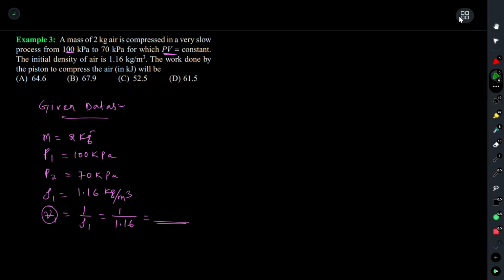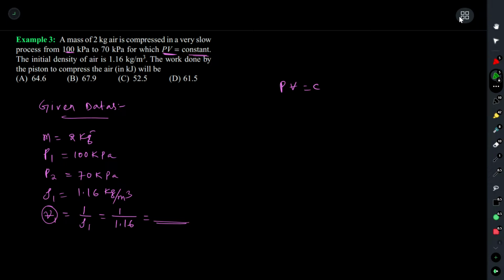Today only we have discussed the formula for finding the work done in an isothermal process, so let us try to understand and derive that formula again. We know for an isothermal process this relation is given: PV is equal to constant, right?